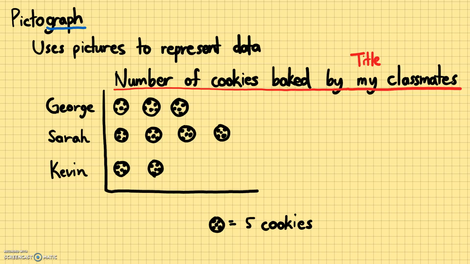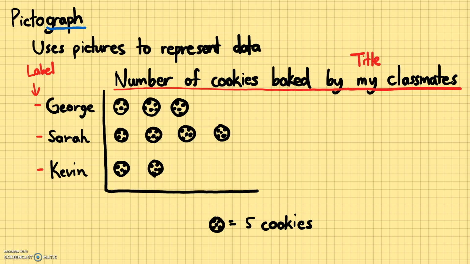On this side here, we have 3 people. Okay, this is called the label. And these are the information represented by these people here. Or I should say the data, the label shows who the data is related to.